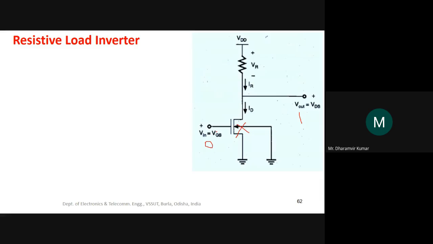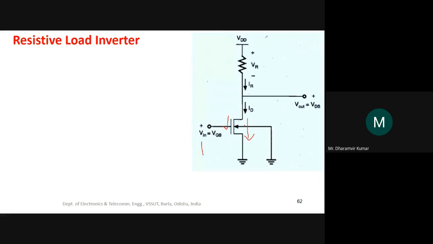Now when input is high, let's say when input is 1, the device starts to conduct. It will conduct either in saturation or linear, we know that. But whether it is conducting in saturation or linear doesn't matter. The thing is that a drain current is flowing through the device.